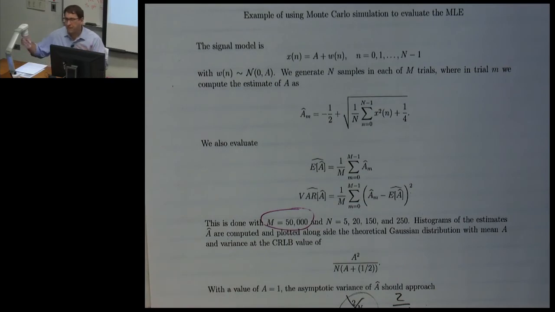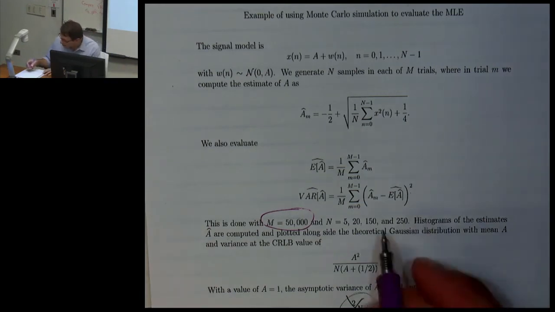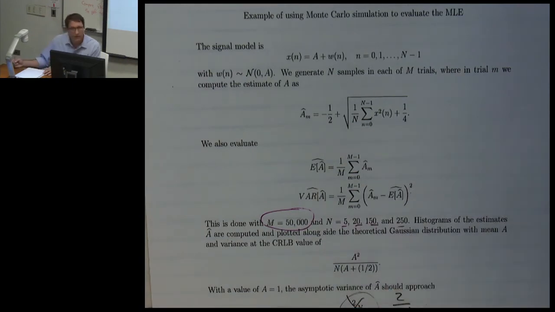Depending on how much computation time you have, or how easy it is to generate samples, certainly the more random values, the better off you're going to be with regard to the estimation. And we will investigate what happens for 4 different values of n.